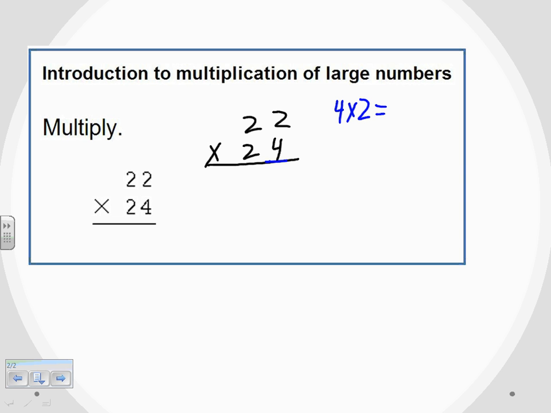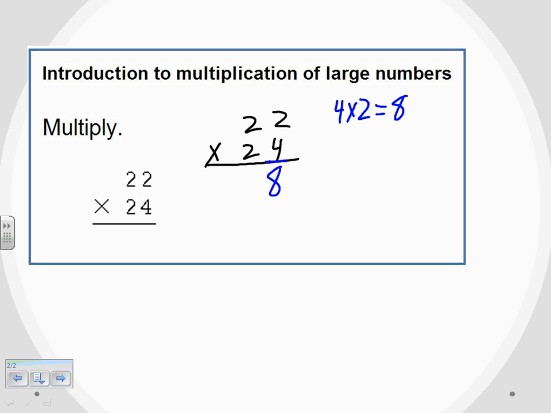That gives us 8. Only one digit, and I only have room for one digit. Notice that that first digit goes right below the 4, and after all, I am multiplying by the 4. So nothing to carry over to the other column because I only had one digit.